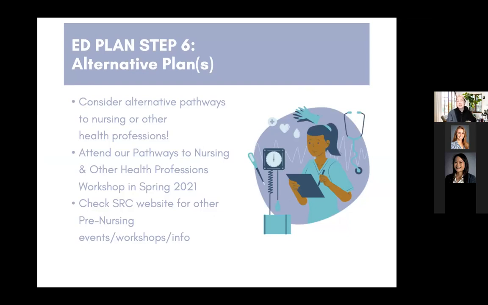It's definitely going to be a really good opportunity for you to participate in, so that it can help you start thinking about how you can still become a nurse, or what other health-related professions you can get into. Our Student Resource Center website has other pre-nursing events and workshops. You also get them in your email. So make sure you are consistently checking your email to take advantage of these opportunities in order to set yourself up for the most success possible.